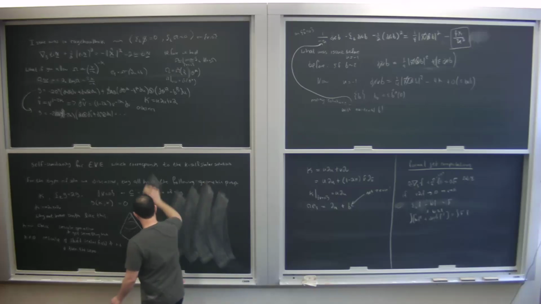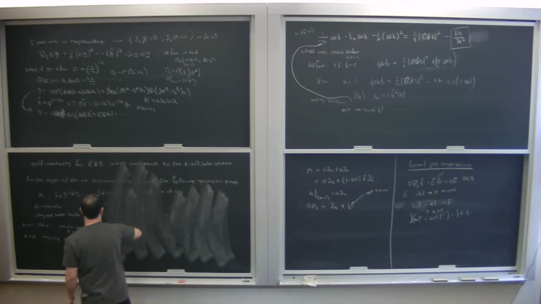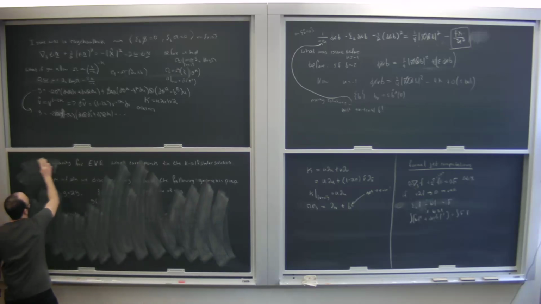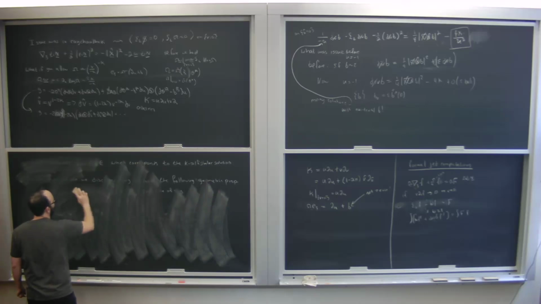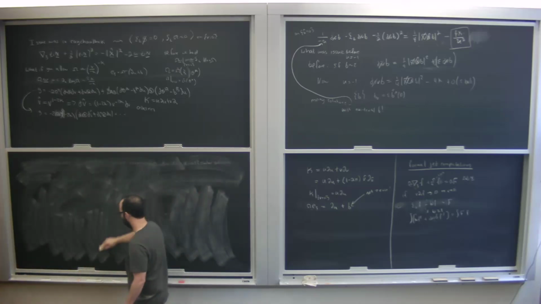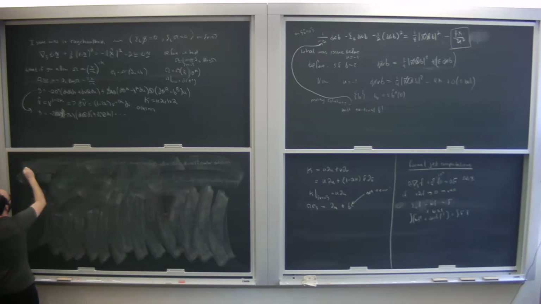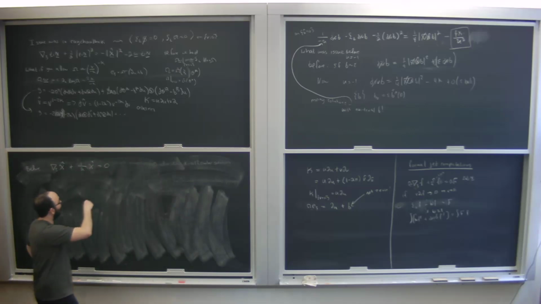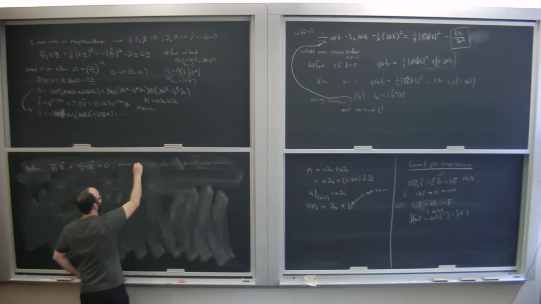Let me remind you quickly. All right, so before we had this equation for chi hat, and then this became a self-similar freedom.